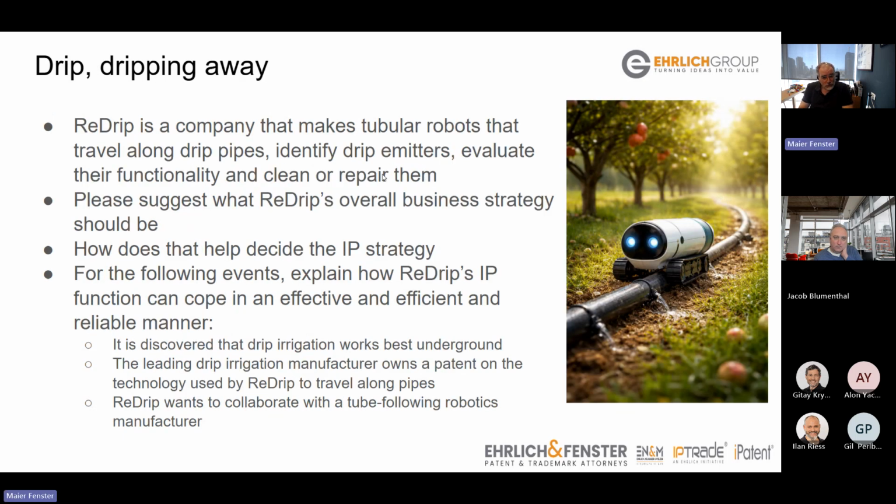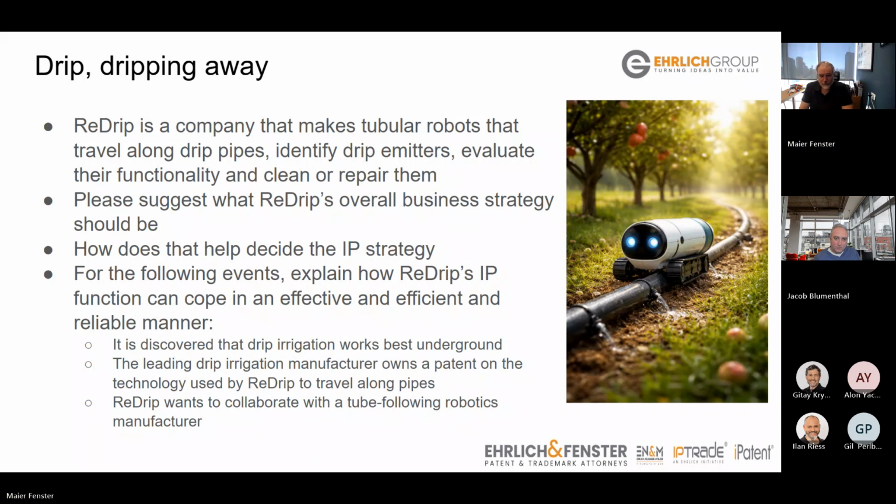So tying this all together with a very similar example, look at these following events and ask yourself, what will the planning process look like and what will the execution process look like? Somebody discovers that drip irrigation works best underground, but our robot travels above ground.